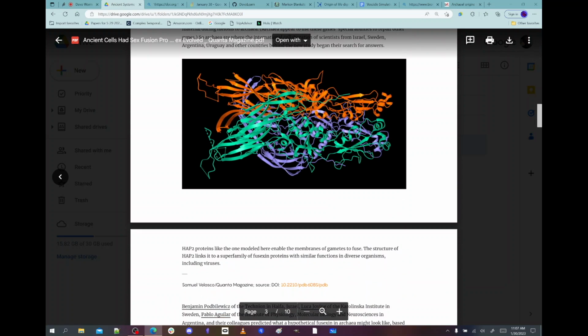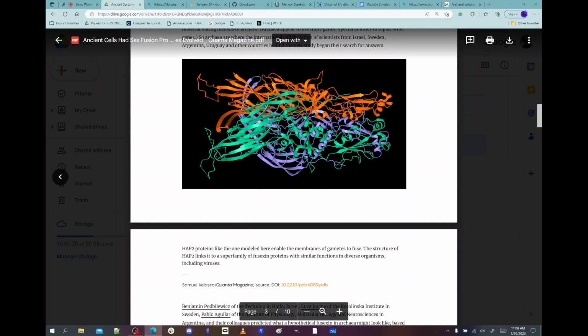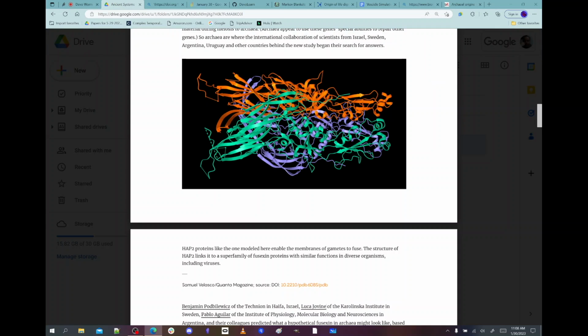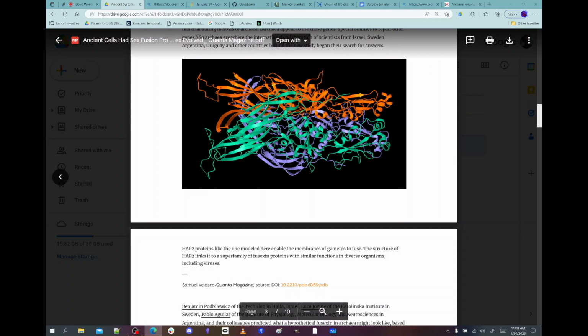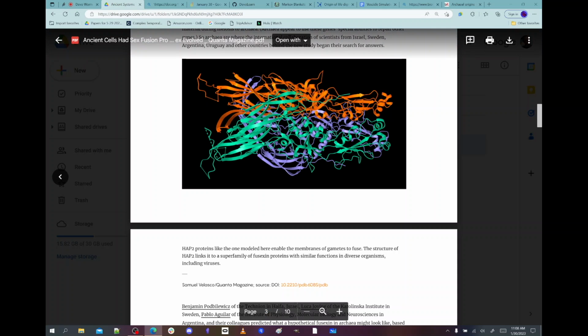These are the HAP2 proteins, like the one modeled here, that enable membranes of gametes to fuse. The structure of HAP2 links it to a superfamily of fusexin proteins with similar functions in diverse organisms, and this includes viruses. So in the paper, they were talking about the function of this in archaea, but it also functions in a very different way, with a similar gene family that produces a similar protein in eukaryotes, and even in viruses, it has a function of its own.